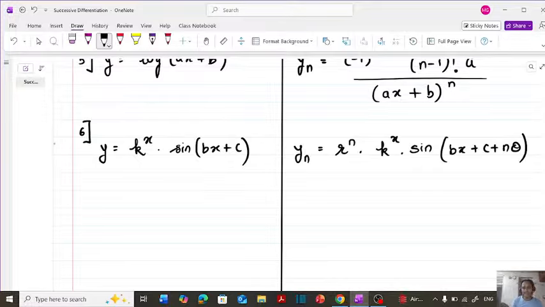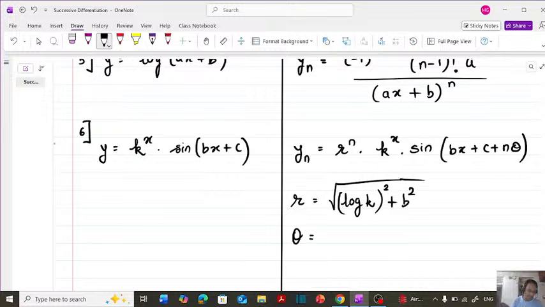Now, what is this n theta over here? Let us understand all these terms. So, what is r going to be? R is going to be the radius. The radius over here is the square root of (log k) square plus b square, and theta is going to be tan inverse of b over log k.